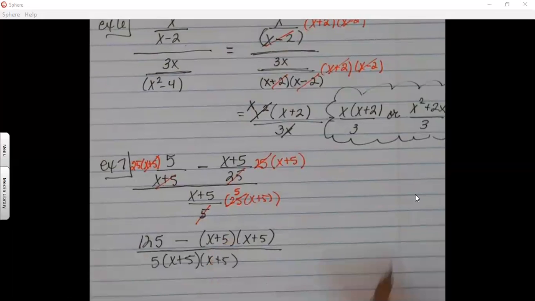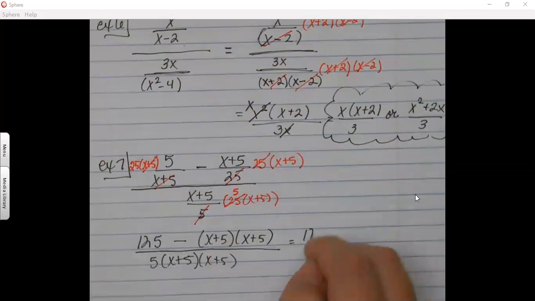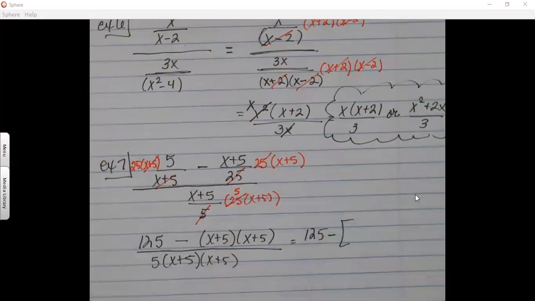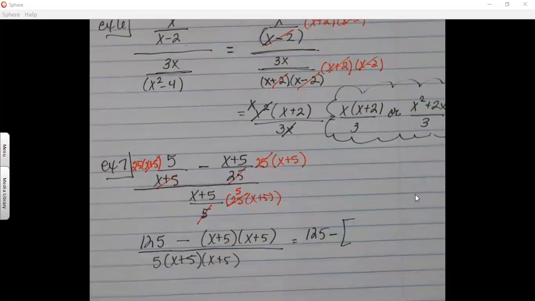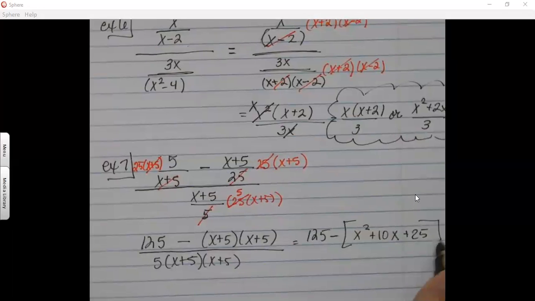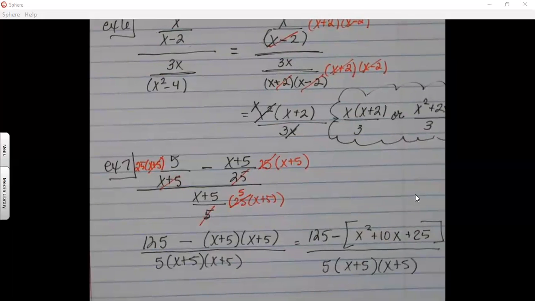Okay, so let me multiply all this out. So I have 125 minus, and I'm not just subtracting the first term, I'm subtracting the whole thing. So I'm going to have to distribute that negative at the end. So let's see, I have x squared plus 5x plus 5x. I'm just doing it in my head, is plus 10x, and 5 times 5 is 25. So now let me distribute that negative.